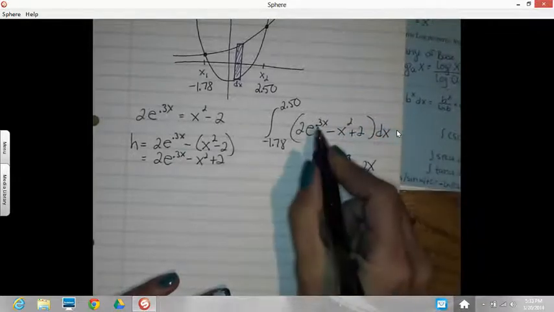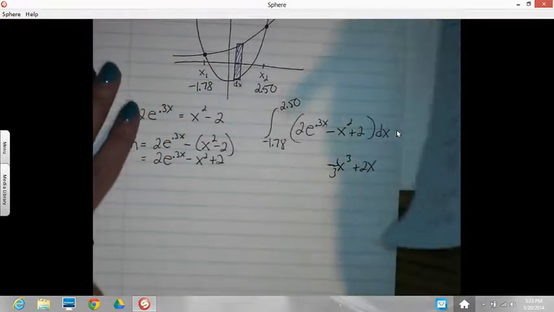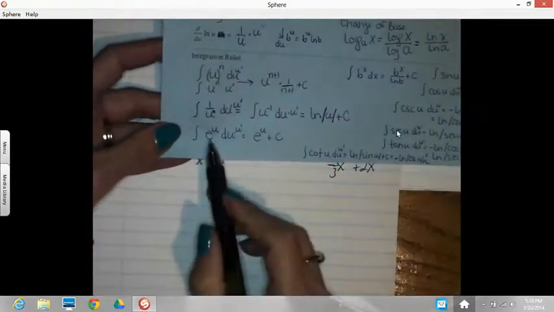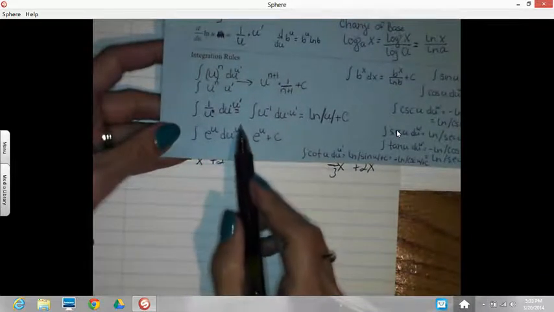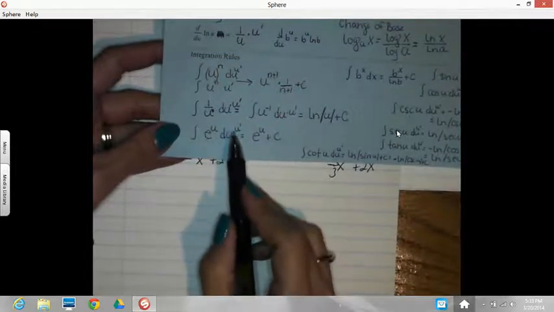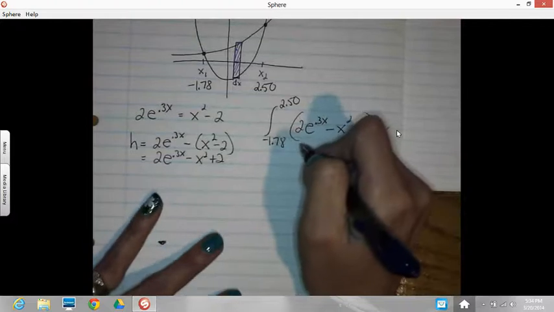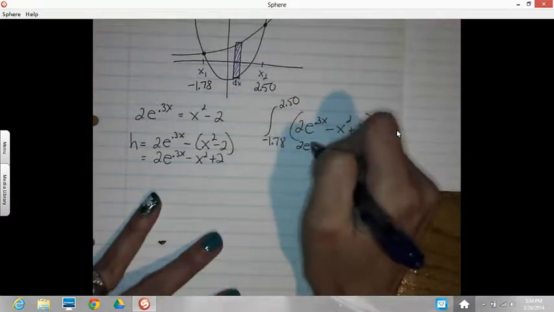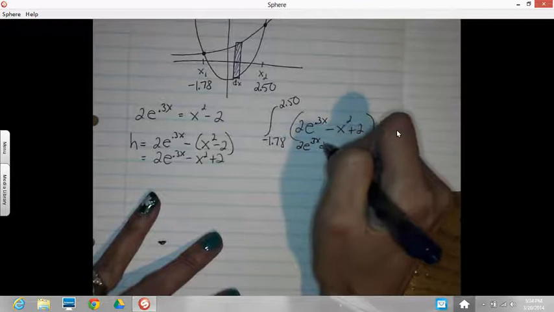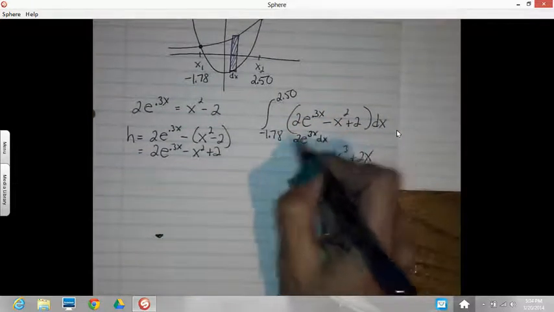You have a rule for integrating e to the u. The integral of e to the u du, as long as the u prime is attached to the du, integrates right back to itself. But I have to have the derivative of the u here before I can integrate it back to itself. So if I was just to write that one term down, 2e to the 0.3x with a dx, the u is 0.3x.